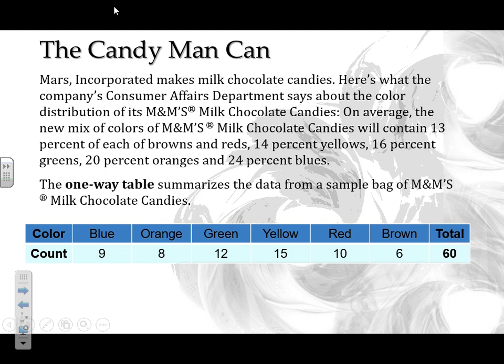Now, if we were to compare color to color, how would I figure out the proportion of blue candies in this bag of M&Ms? If I wanted to know what percent of my sample bag was blue, how would I do that?